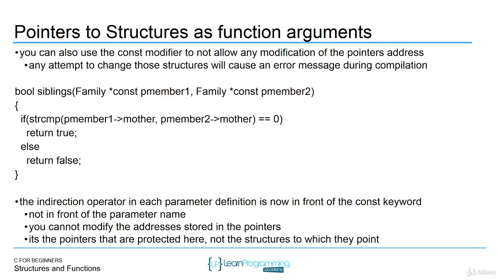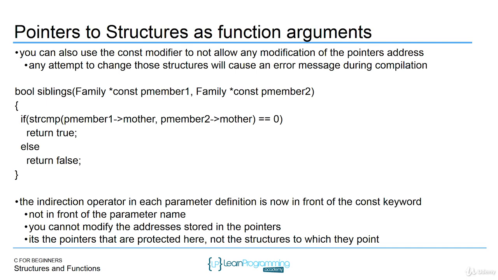If it was in front of the parameter type, then you wouldn't be able to modify what it's pointing to. This is just saying the address. So you cannot modify the address stored in the pointers. It's the pointers that are protected here, not the structures to which they point. Just like const and other pointer parameters.